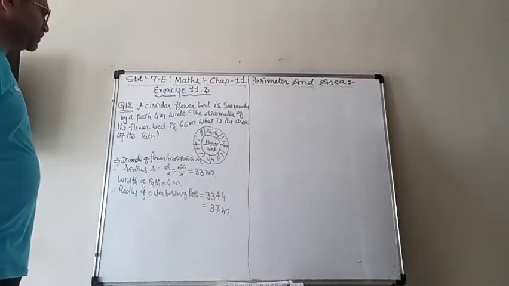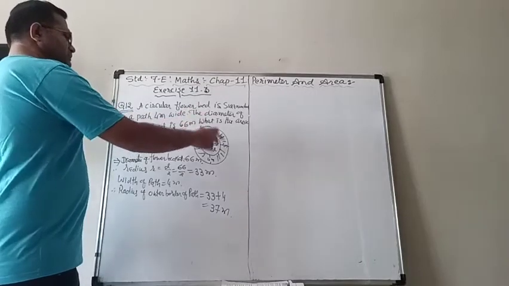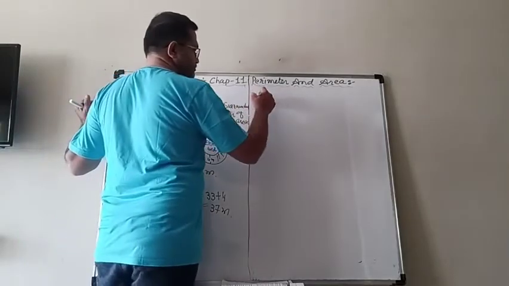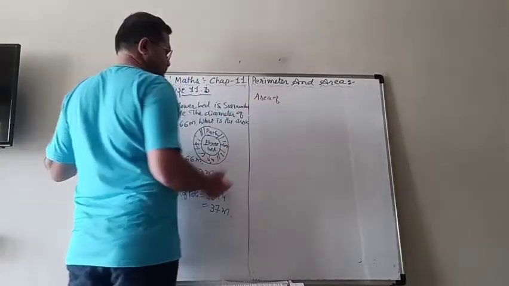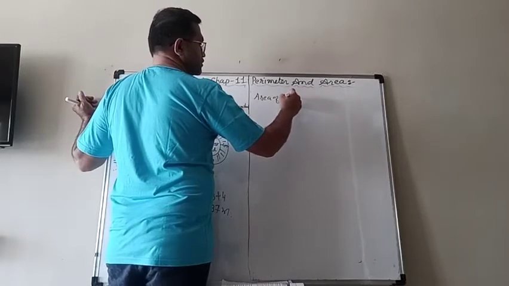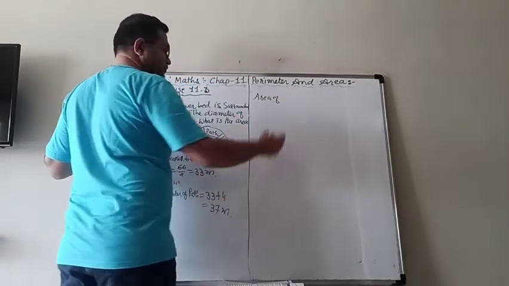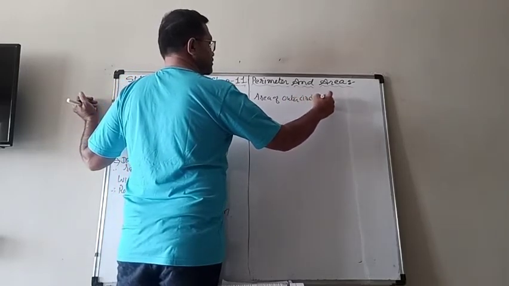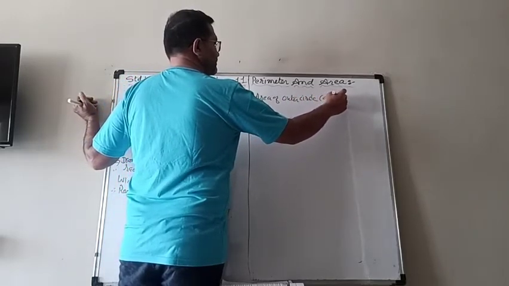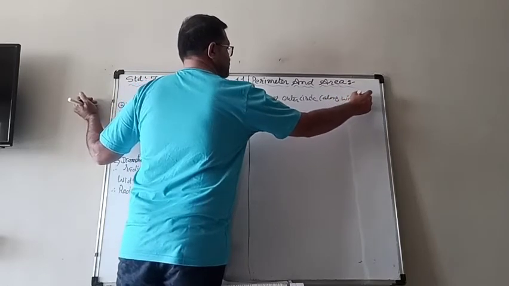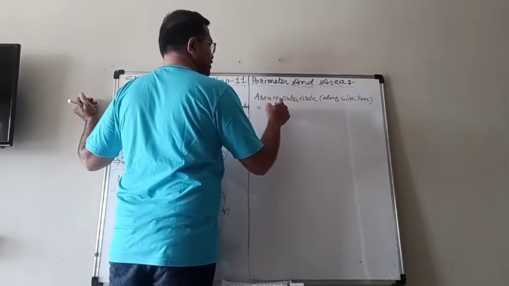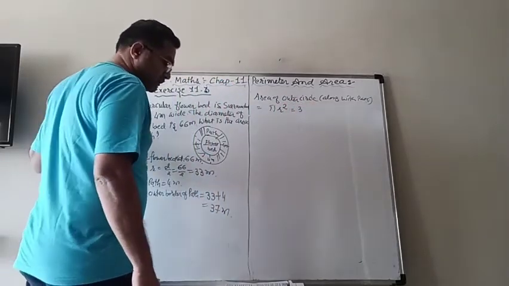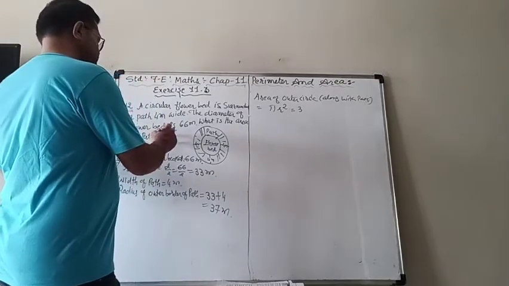So now we have to find the area of outer circle minus area of the flower bed. So now area of outer circle, means along with path, is equal to pi r square. Now here, given that pi is 3.14.